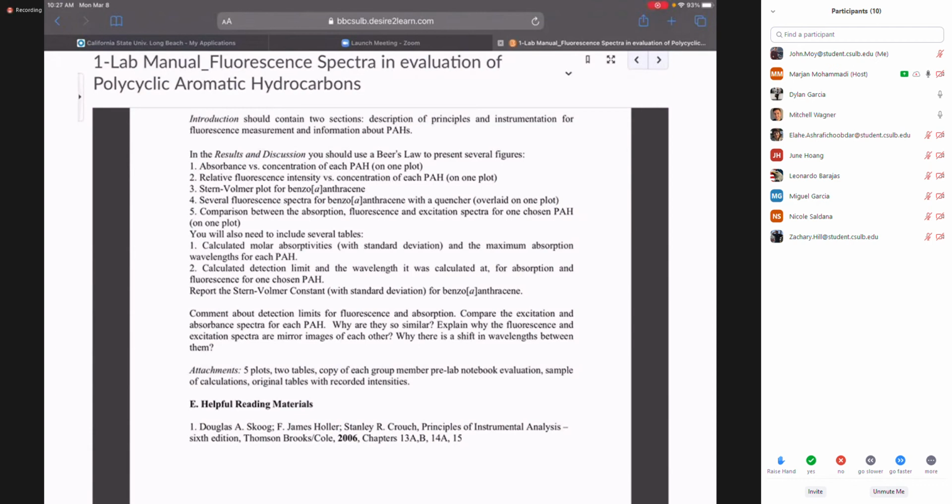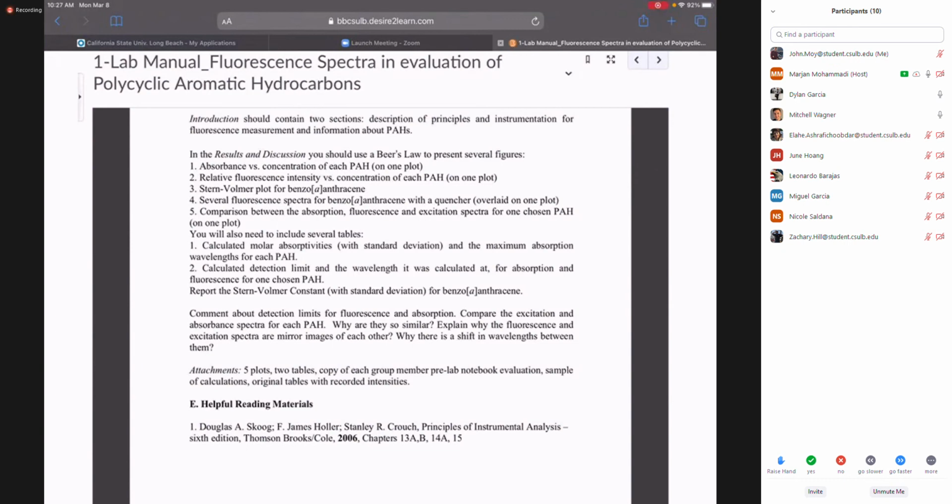Okay, number 5, that's the graph for absorption, fluorescence, and excitation. That one is what I did on the whiteboard for you; it was just one PAH. Remember? I wrote just 1 ppm anthracene. But look at the bottom of that, where it says comment about detection limit of fluorescence and absorption.